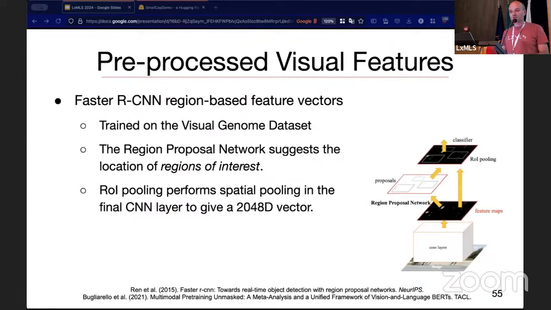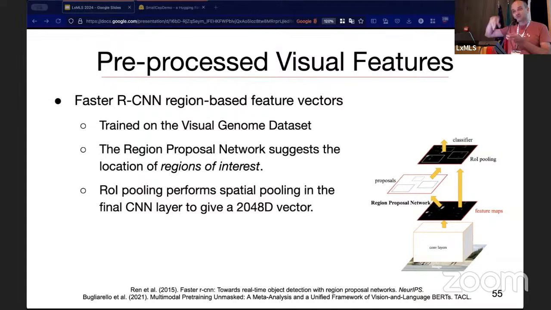In terms of other types of pre-processed features, people started to heavily rely on region-based features, where a very popular model called Faster RCNN was trained on something called the visual genome dataset. On top of this, there's a region proposal network that suggests within the image where there might be regions of interest.